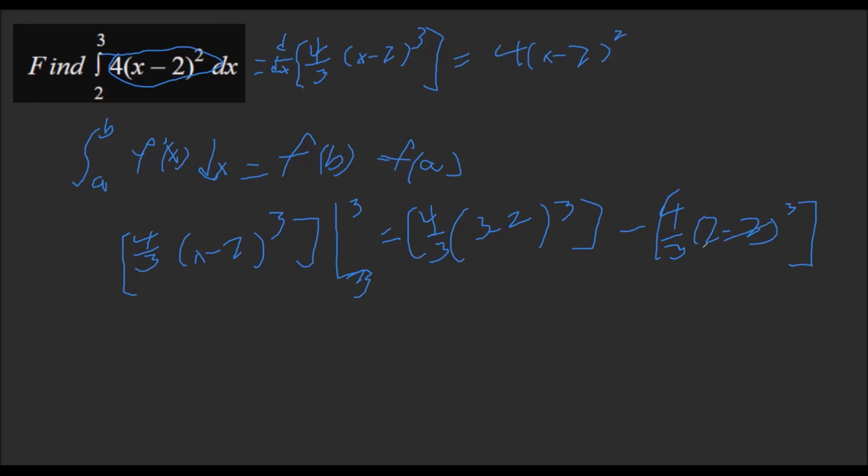Now this second term is of course equal to 0 because 2 minus 2 is 0. 0 cubed is 0. 0 times 4/3 is 0. So this entire term over here is equal to 0. And what we have over here is going to be the value essentially, and we can simplify this a bit. It's actually equal to 4/3 times 1 cubed, which is in fact just 4/3. So the value of the integral from 2 to 3 of 4 times (x minus 2) squared with respect to x is equal to 4/3.